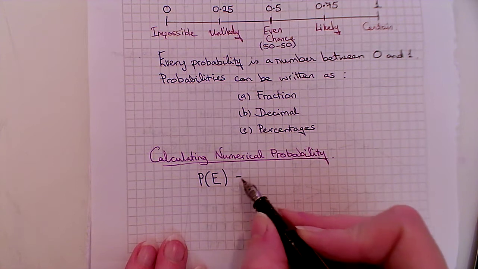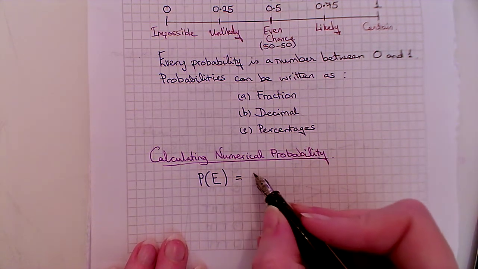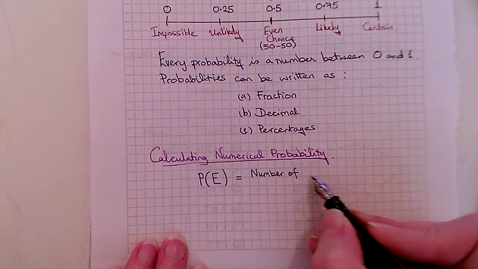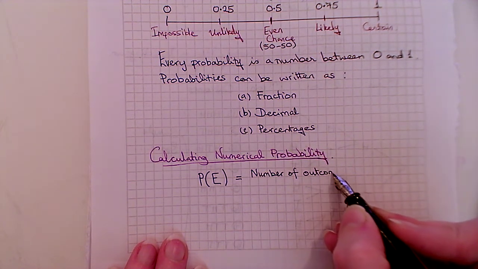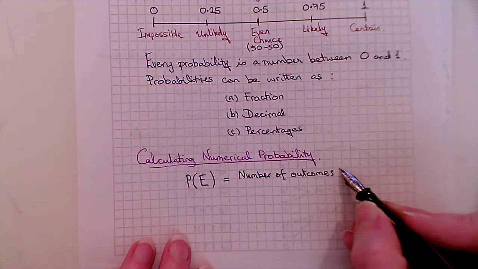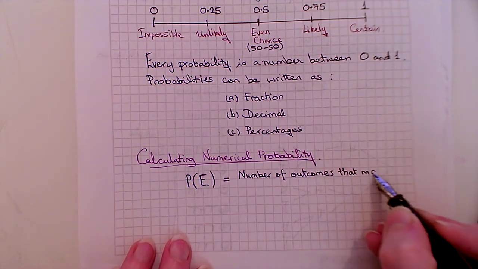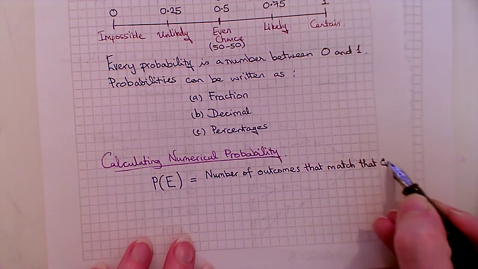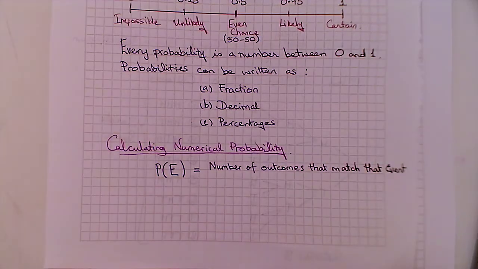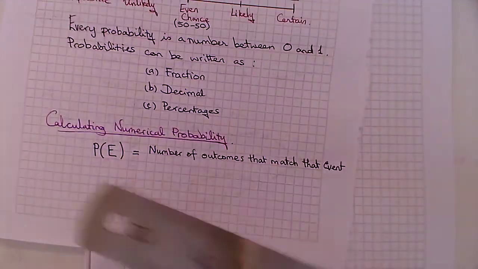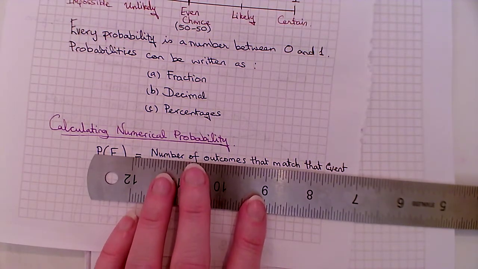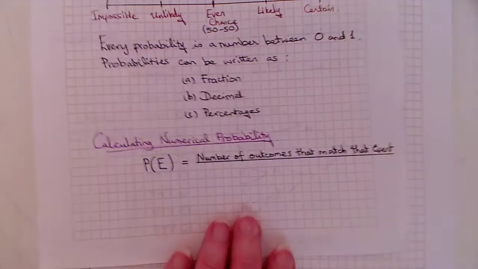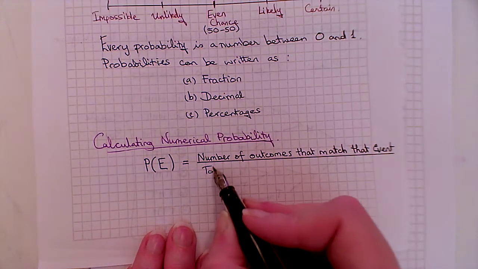The probability of an event occurring is the number of outcomes that match that event divided by the total number of outcomes.